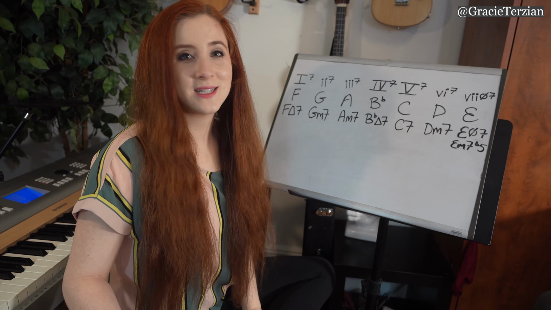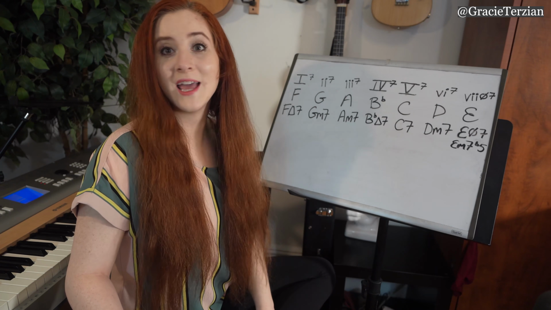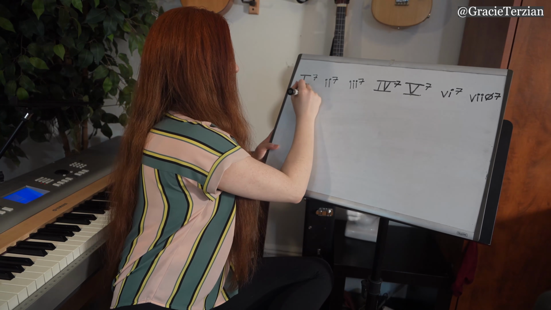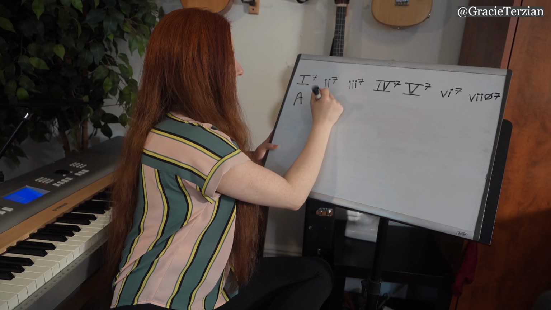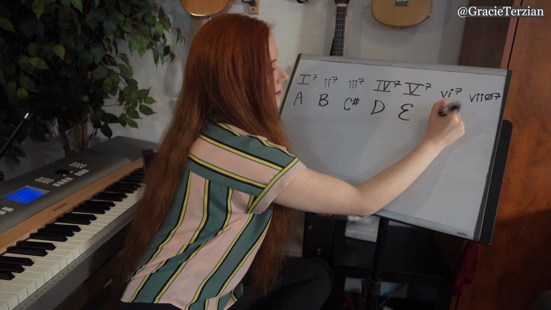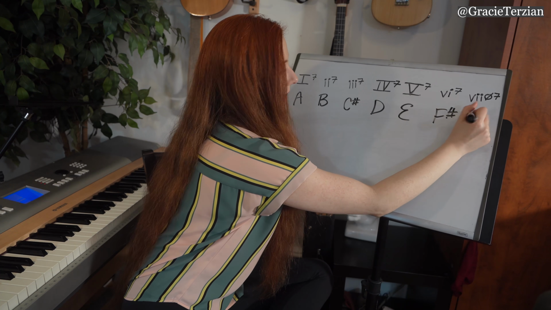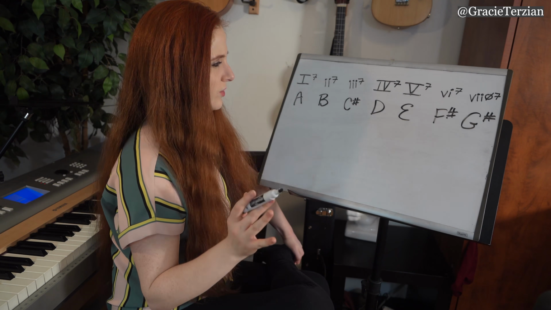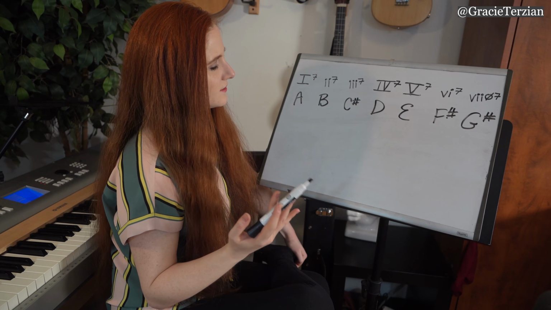Now let's try to figure out the diatonic chords of another key. How about A major? So the notes in an A major scale are A, B, C sharp, D, E, F sharp, and G sharp. Now before we write out the chord names, I just want to point something out because it's a little confusing.